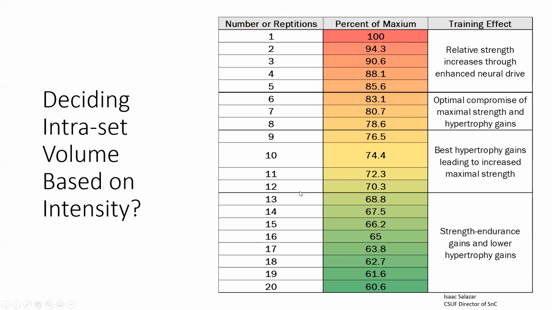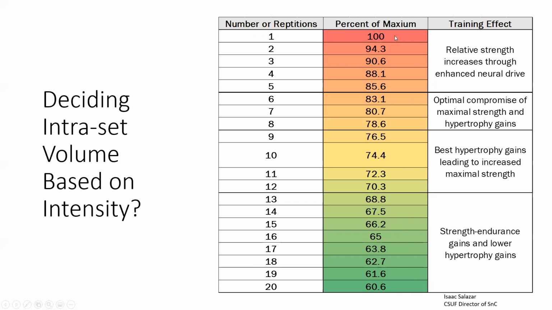If we're looking at 9 through 12, we're looking at hypertrophy developments, which may lead to more strength, but it's still less intense, as a 6 repetition max and a 9 repetition max are different. And then with strength endurance, we're not going to get as much hypertrophy, but we're going to develop more endurance.